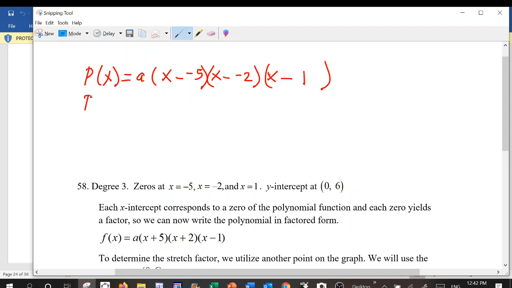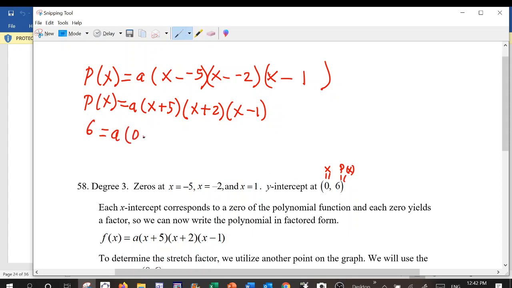So we got p of x is a times x plus 5, x plus 2, and x minus 1. We are given a point: when x is 0, p of x is 6. So we put 6 here, and 0 for x. 5 times 2 is 10, times negative 1 is negative 10a.